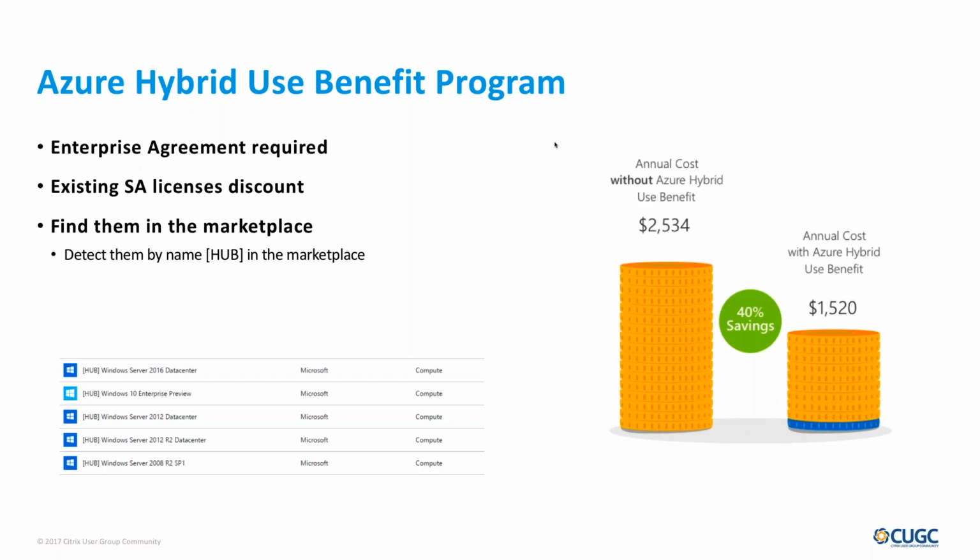It is required to have an enterprise agreement with Microsoft Azure and to have software assurance on that specific licensing. So when you, for example, use a Windows Server 2016 Datacenter in your on-premise environment on the enterprise agreement with software assurance activated, you can save up to 40% on your Azure resource costs. So pretty awesome.